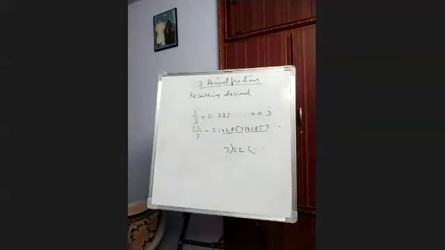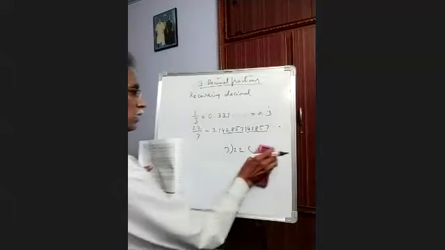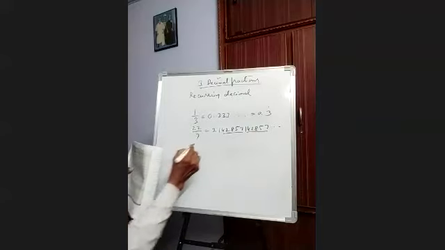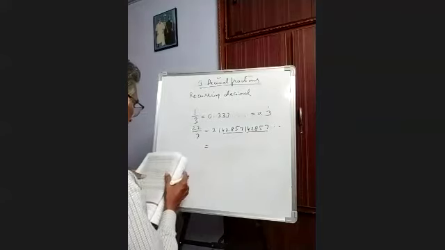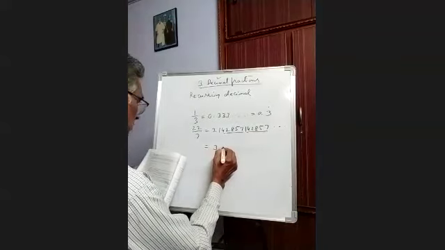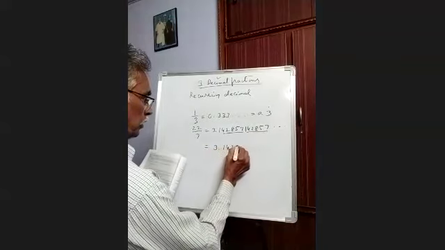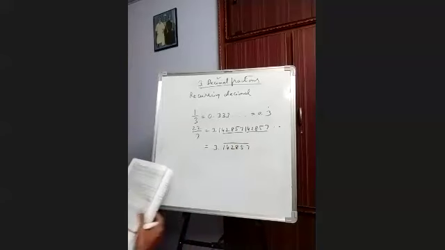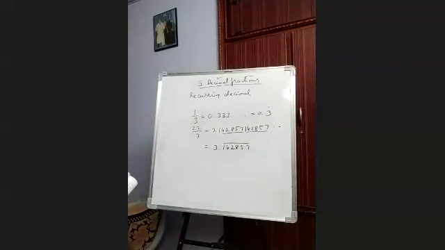The method of expression of this recurring decimal is 3.142857 with a dot over the repeating digits. That is the recurring decimal indication.